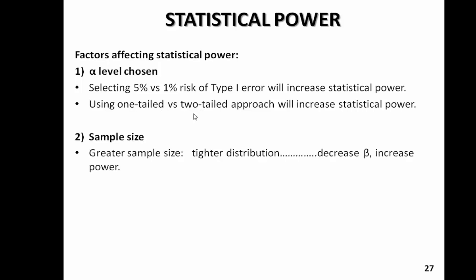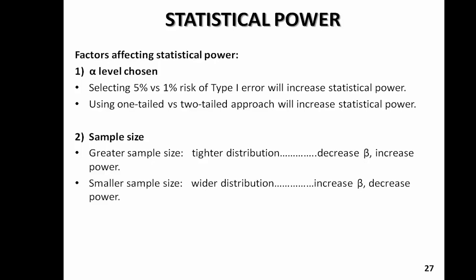In terms of sample size, a larger sample size will create a tighter distribution. In other words, the data, due to the large sample size, will be located closer to the average. That will actually decrease the risk of committing a type 2 error and will increase statistical power, so that if there is a true difference between two groups, the statistical test will detect it.